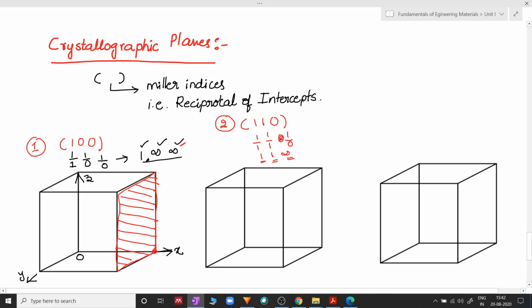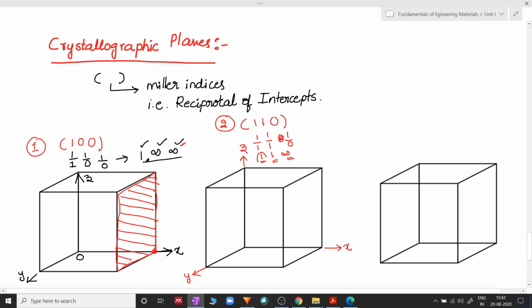So let us draw that one. Let us take this as x, and this is y axis, and this is z axis.